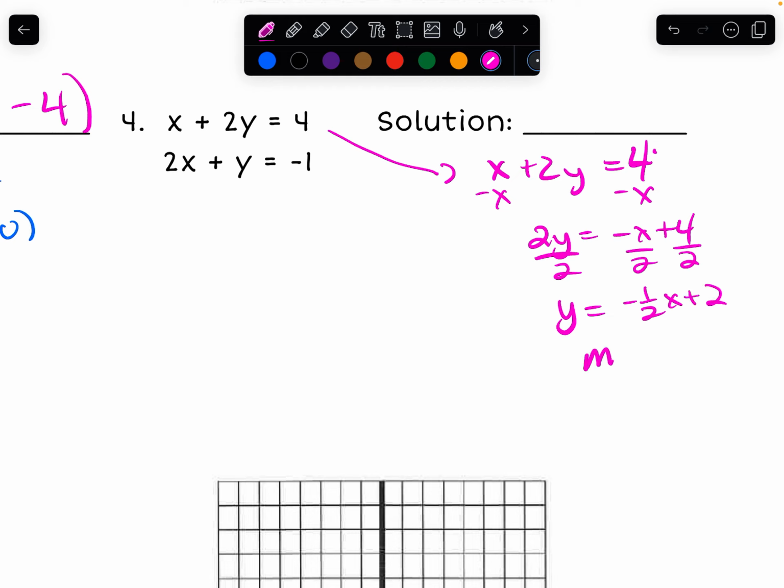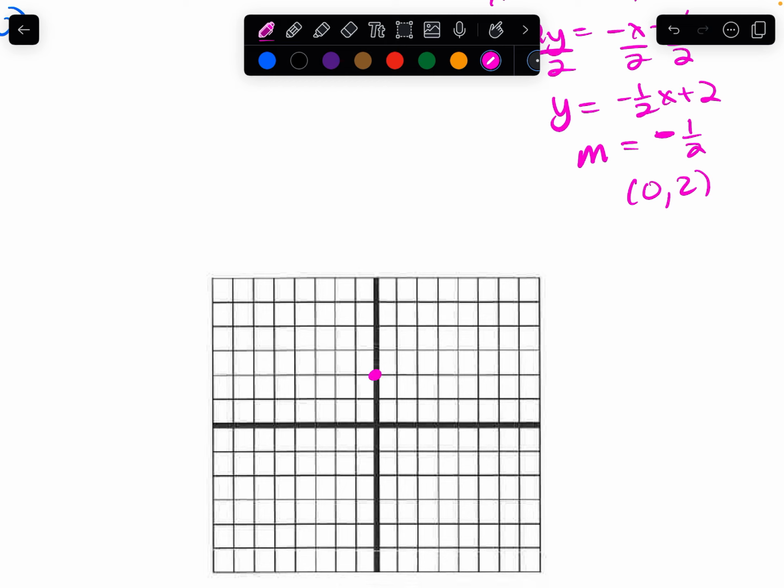So my slope is -1/2. My point is 0, 2. So I plot 0, 2. Down 1 to the right 2, or up 1 to the left, and I draw a line.